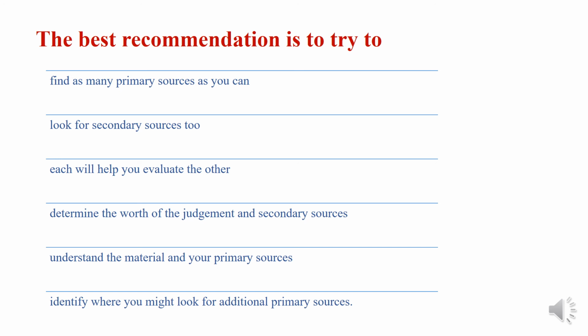Details from primary sources can help you determine the worth of the judgment in secondary sources. The secondary sources can help you understand the material and your primary sources and can identify where you might look for additional primary sources.